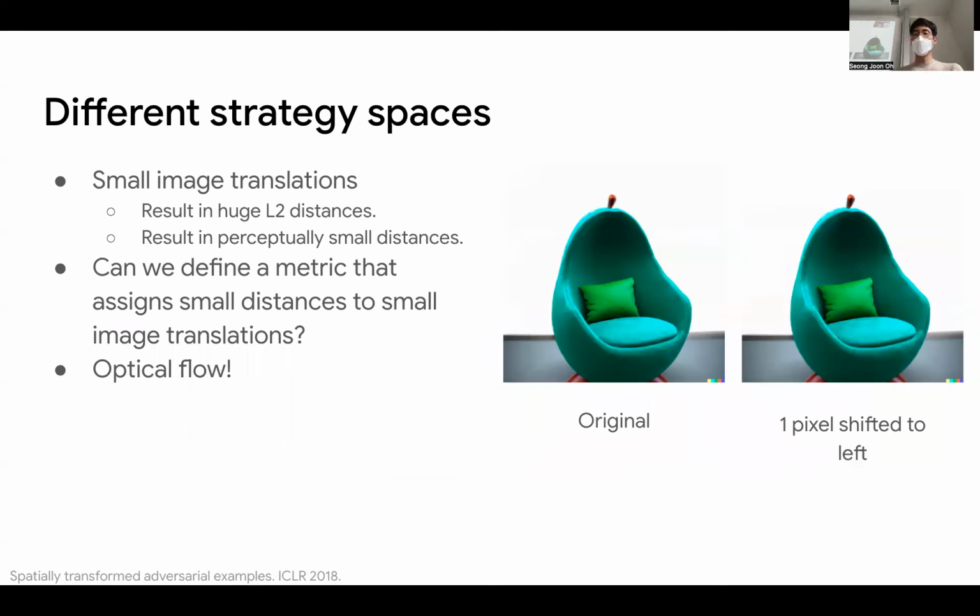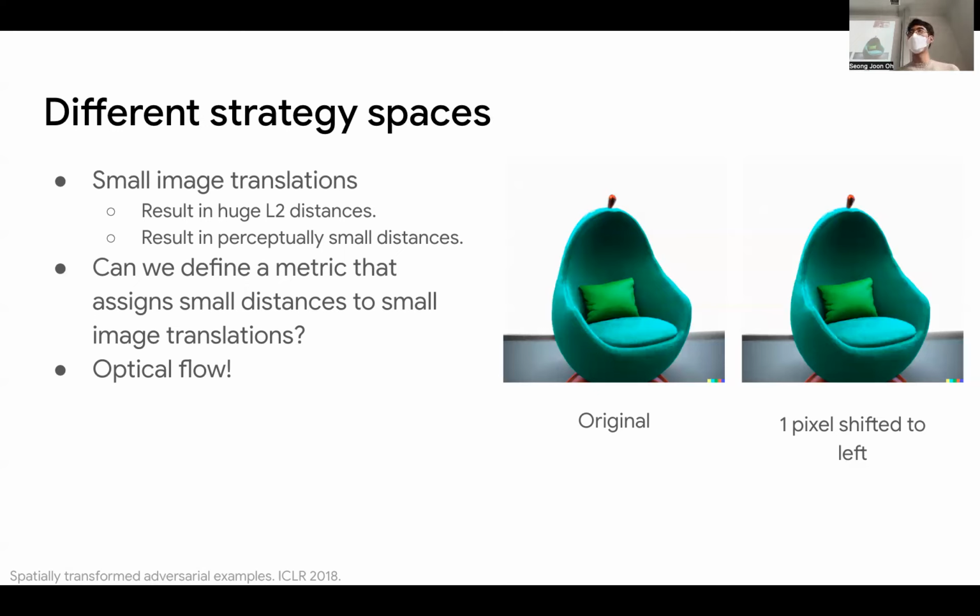Yeah, so generally a one-pixel shift is very hard to detect for human eyes, right? But that generally results in huge L2 distances, because your images are not smooth overall. There are usually clear boundaries, and along these boundaries you're going to introduce a lot of L2 distance changes by shifting one pixel, right? So the question is, can you actually define a metric that assigns very small distance to image translations, for example?